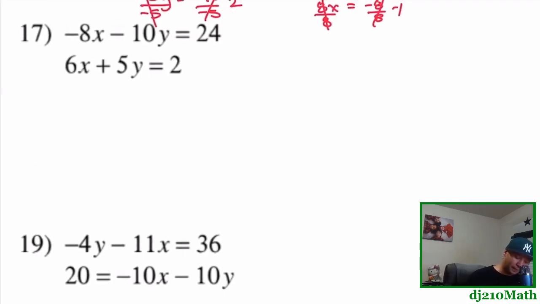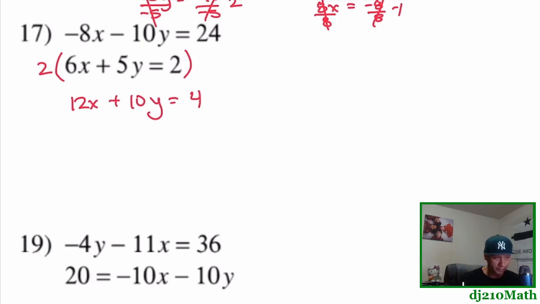All right. I'm going to multiply the bottom by 2. I'm committing to the y's. I'm multiplying the bottom by 2. So this is going to be 12x plus 10y equals 4. And I distribute the 2 through to everything.